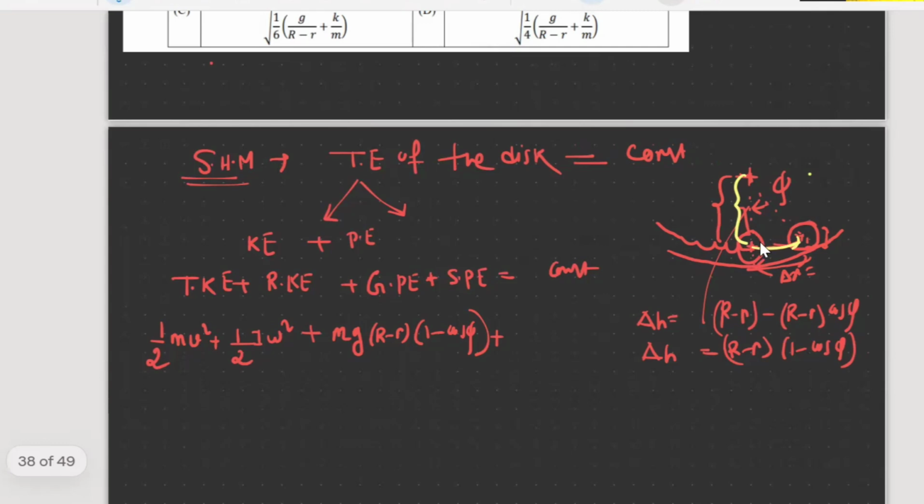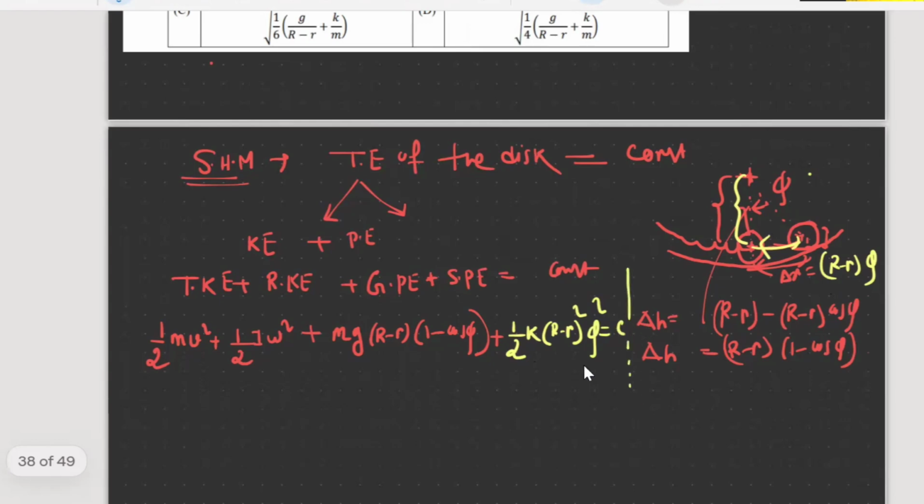So this distance is going to be (capital R minus small r) into phi, that is r theta, where here r is capital R minus small r. So the spring potential energy is half of k delta x square. Delta x we have found out, so it is half k (R minus r) square phi square, that is equal to constant.